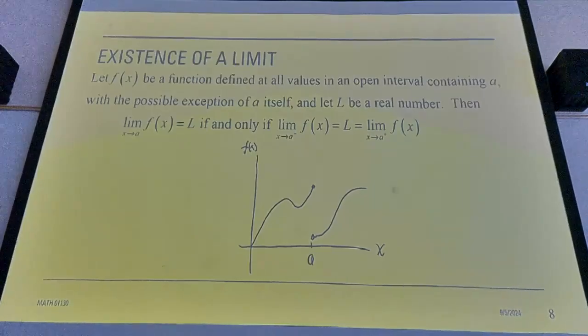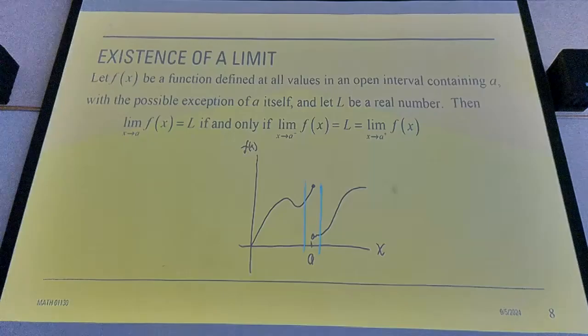If you once again draw that little band around A, shrink that band, is it going to a single value? It goes to two different values. So it doesn't behave the same, so there can't be a limit. That's why your two one-sided limits have to be identical.